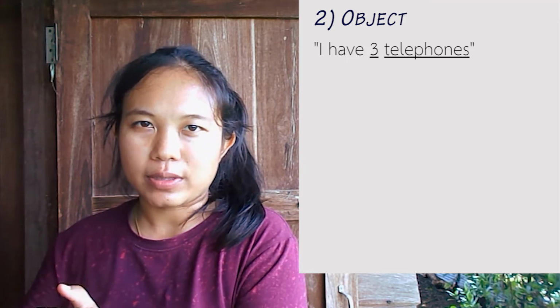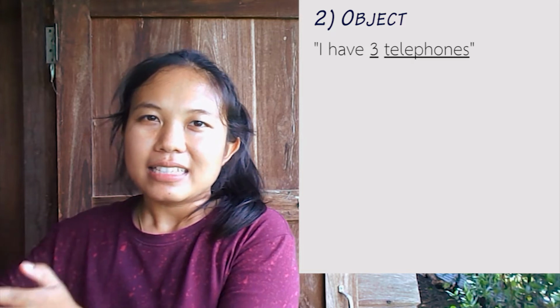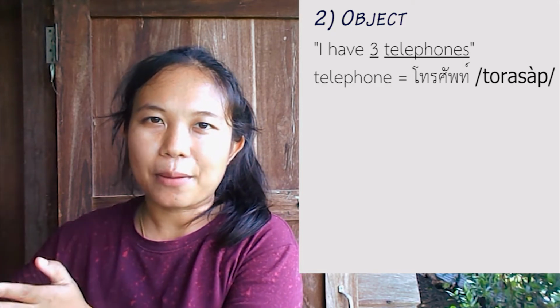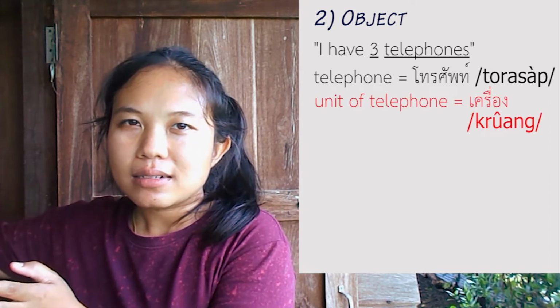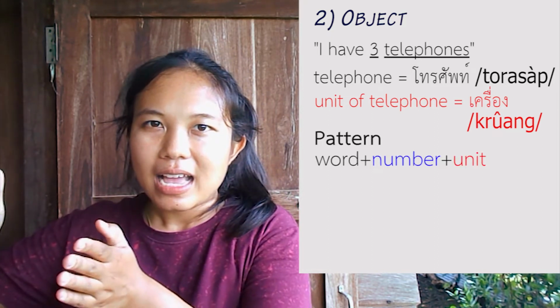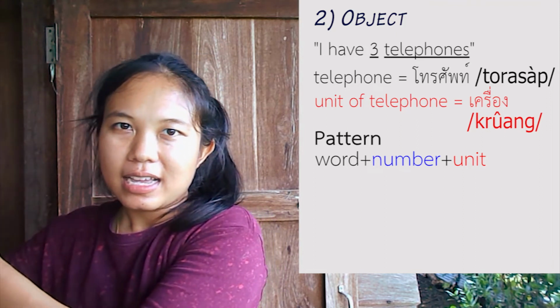3 telephones. Then the telephone in Thai is โทรศัพท์ and then the unit of the telephone is เครื่อง. Our pattern is the word, the number position, and then the unit.